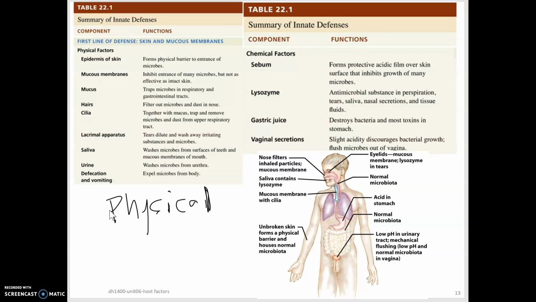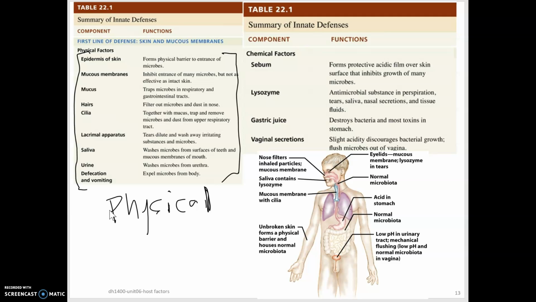So on this side of the table here, you'll see a list, and all of these things represent physical barriers that prevent microorganisms from causing infection or causing disease. So what I expect you guys to be able to take from this figure here is this list. You should know this list, and on this side of the table, this is going to be an explanation of how each one of these happens.